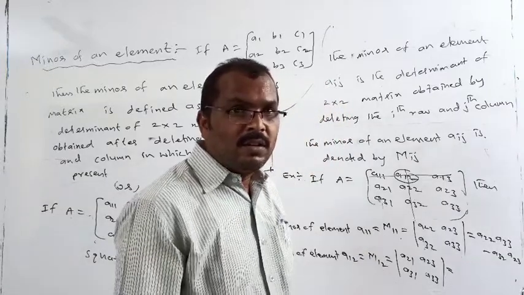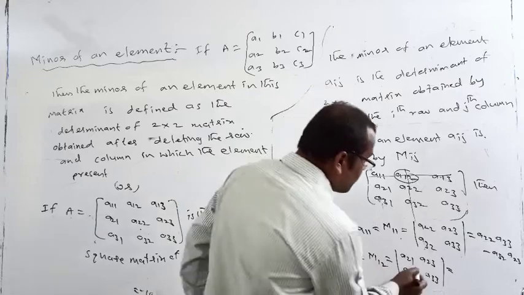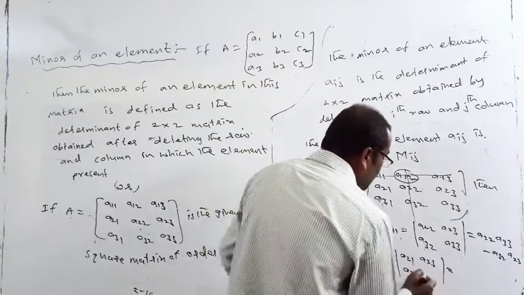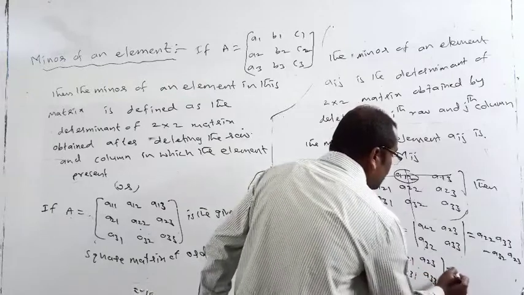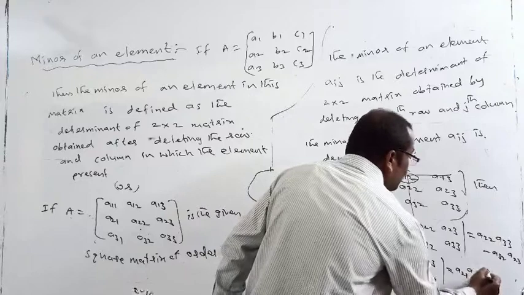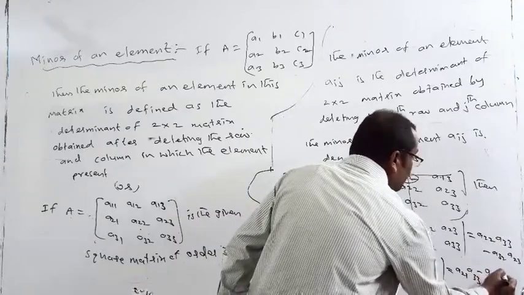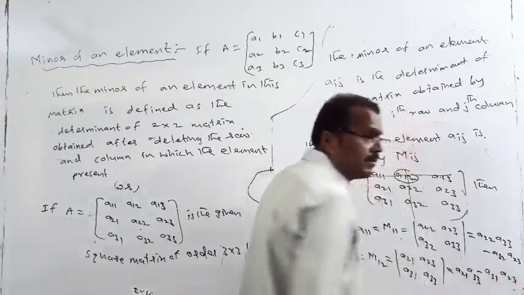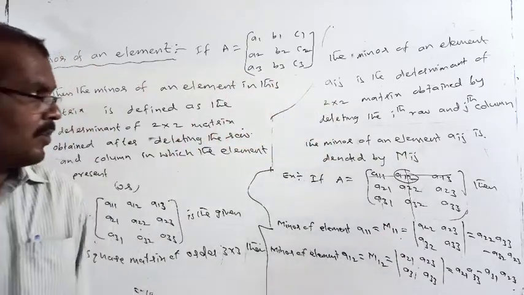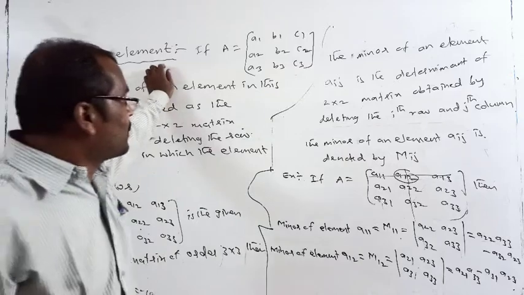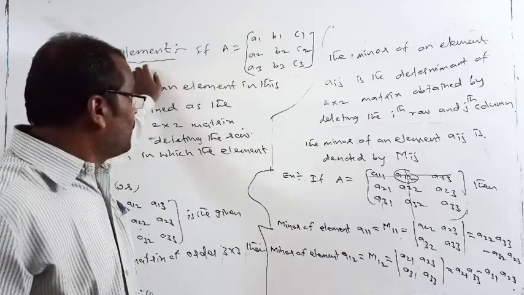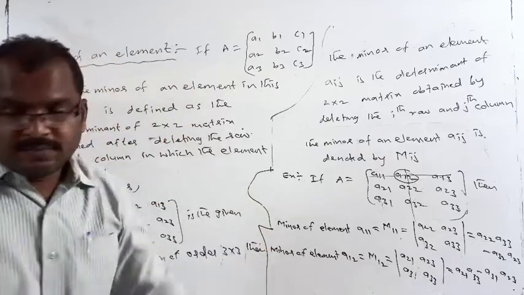So by cross multiplication, the answer is A21 A33 minus A31 A23. Delete the row and column of the element. So start the definition here. We have alternate definitions.